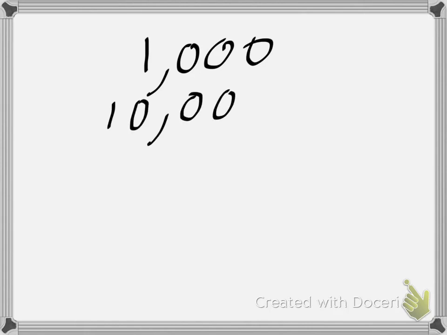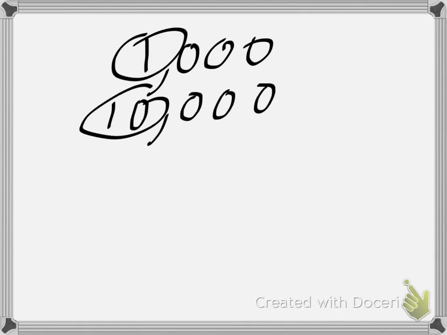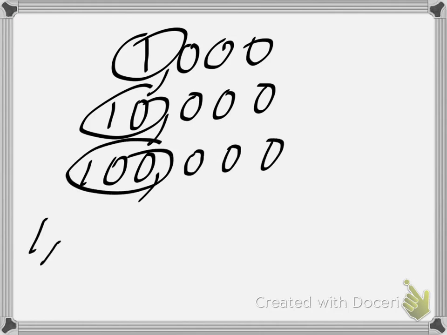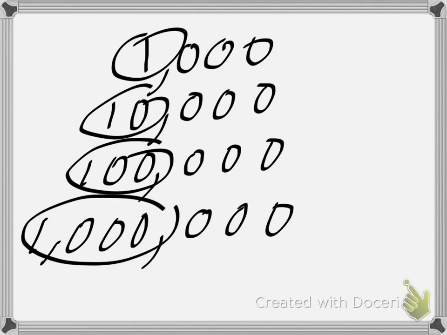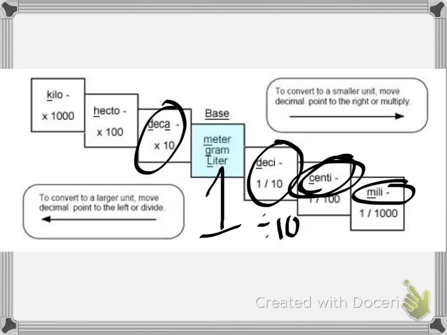One of the ways to think of it is we have 1,000, then we have 10,000, then we have 100,000, then we have 1,000 thousands, which is a million. Also, with milla, these are all Latin based. Milla actually comes from 1,000, and one of the things we get our word mile from milla.